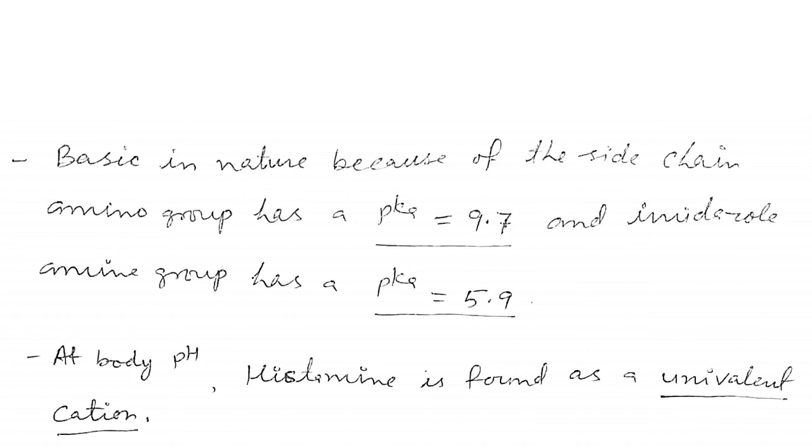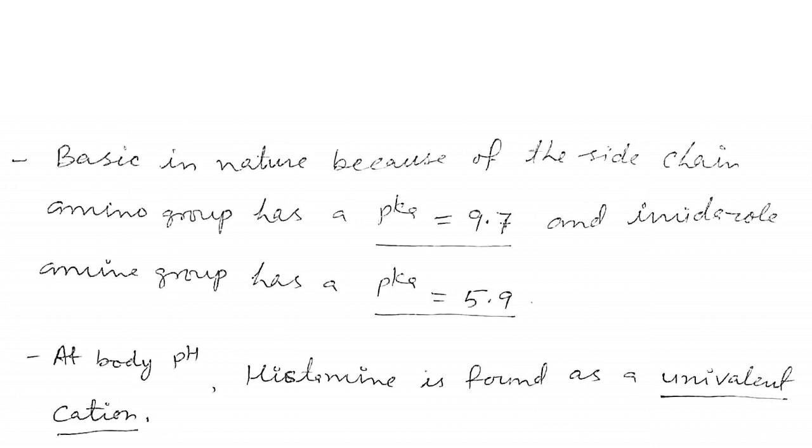Similarly, the imidazole amino group, I have told you there are 2 nitrogen atoms in the imidazole group, has a lower pK value as compared to the side chain amino group: 5.9. So of the two amino groups present here, the primary amino group shows more basicity as compared to the imidazole nucleus.